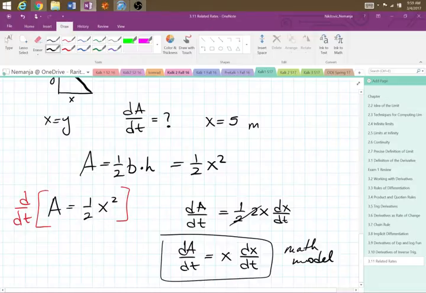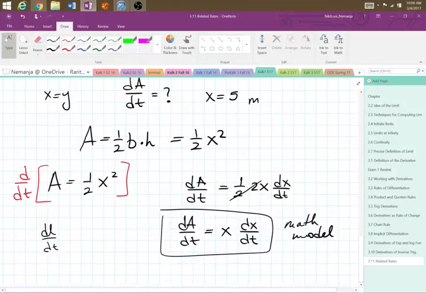What's given to me is dL/dt. So if I go through a problem and make a check-off list, I check off what I'm looking for because that's unknown anyway. x is given to me, so that's okay. But I need this part, right? So I need to figure out somehow this dx/dt.